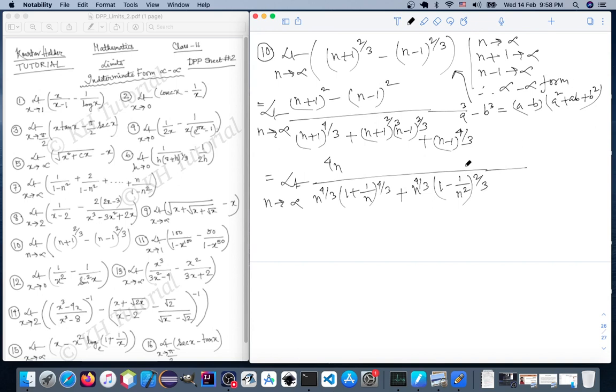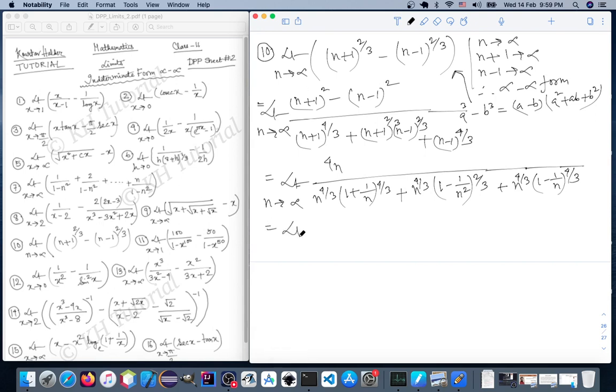For the third term, we will also bring n common, and we are left with... So we have n to the power 4 by 3 common from the denominator. And all these 1 by n terms will become 0 because n is tending to infinity.